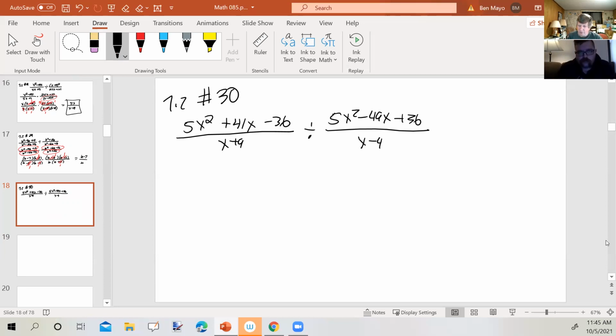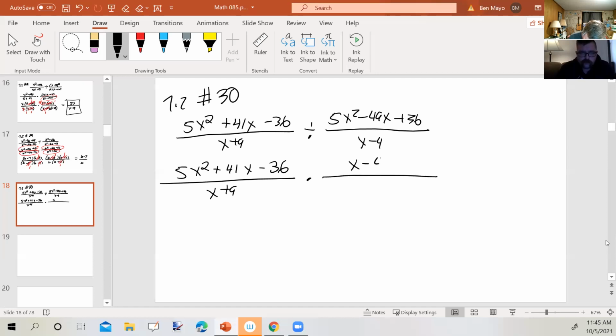So first thing I'm going to do is change division to multiplication of the reciprocal. So I get 5x squared plus 41x minus 36 over x plus 9 times x minus 4 over 5x squared minus 49x plus 36.